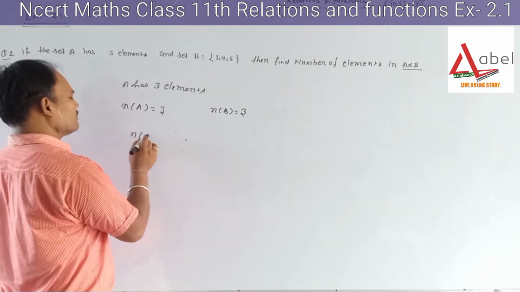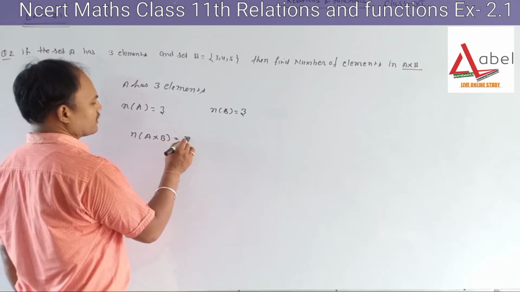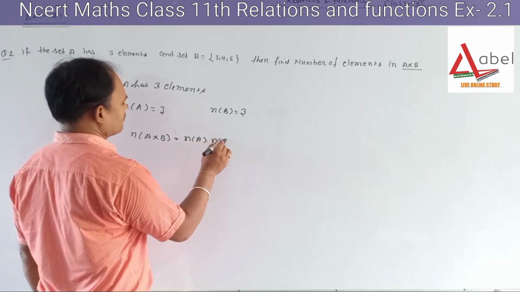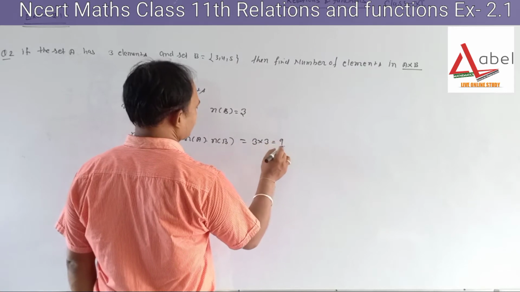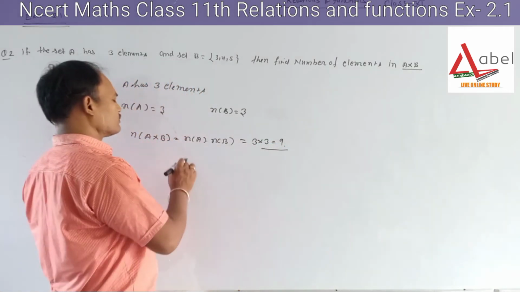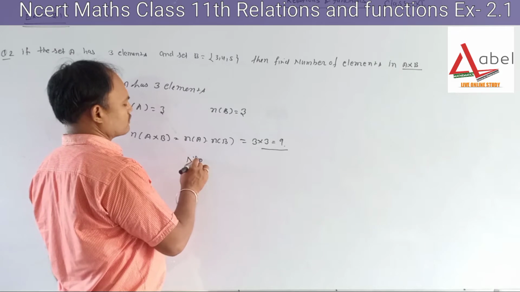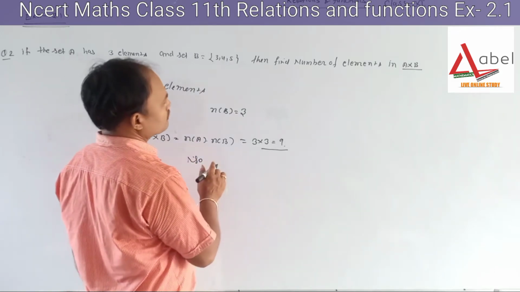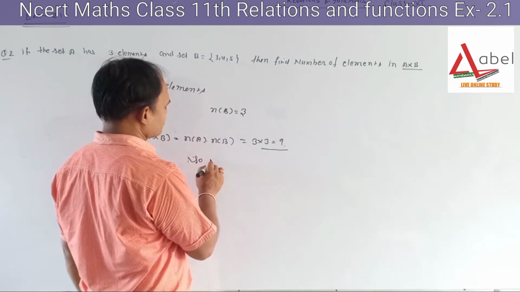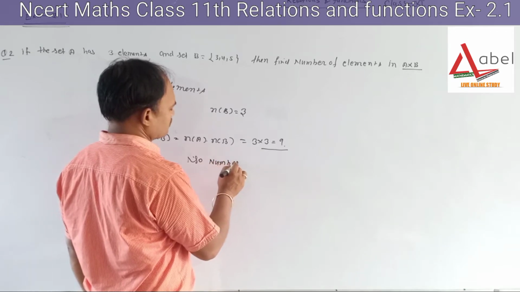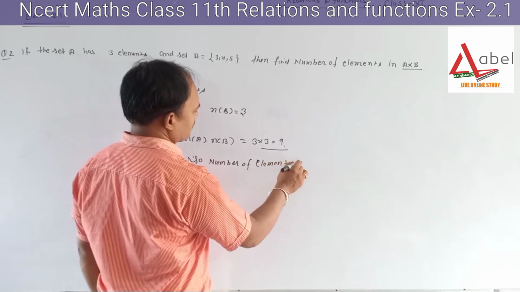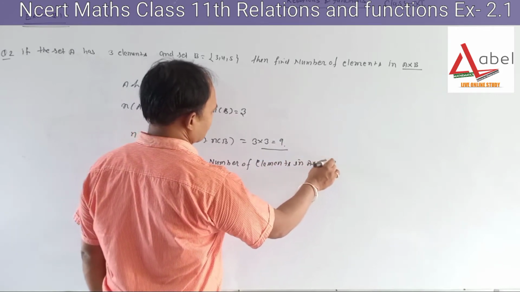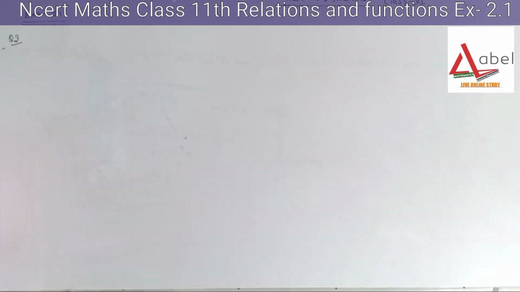So n(A cross B) equals n(A) into n(B). So it is 3 cross 3, so there are 9 elements. The number of elements in A cross B equals 9. It is your answer. Now we are going to discuss question number 3.